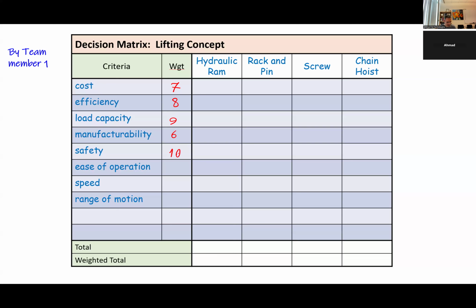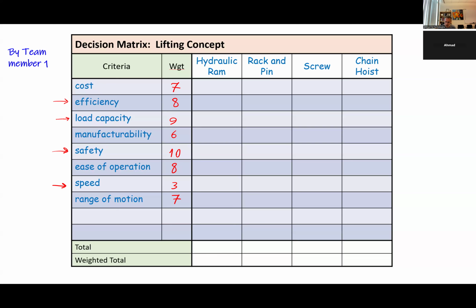And I have 10, 8, 3, and 7 there. All right, so these are the weights that the experts suggested, or I thought this is an appropriate weighting for each of these criteria. As you see, safety is the most important, and speed is the least important. And after safety, it is followed by efficiency, or sorry, the load capacity.